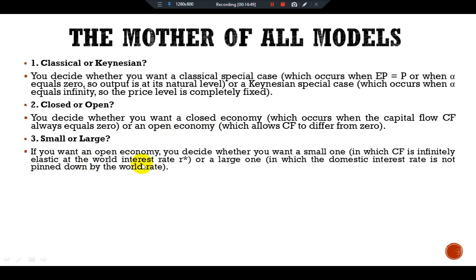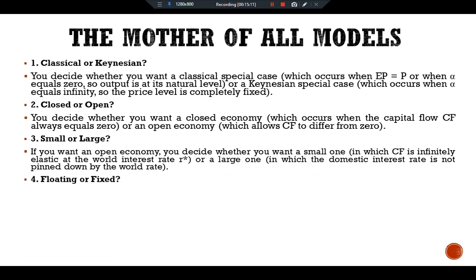If you want an open economy, you decide whether you want a small one in which CF is infinitely elastic at the world interest rate R static, or a large one in which the domestic interest rate is not pinned down by the world interest rate.